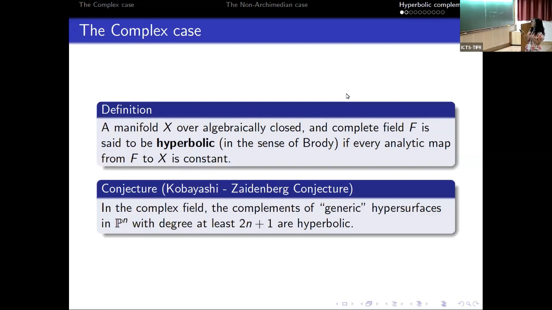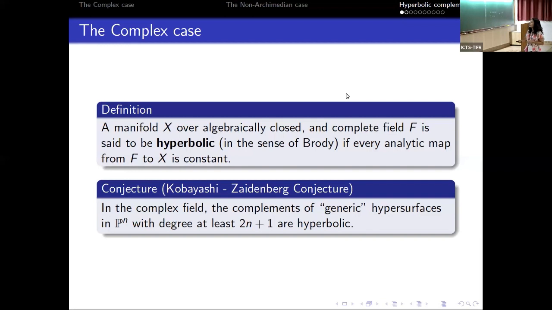Another thing related to this topic is Brody hyperbolic, that I mentioned in the corollary. And now I want to say a little bit more about the general case. A manifold is called hyperbolic if there is no non-constant map from F into X. So F here is either the complex field or a non-Archimedean field.